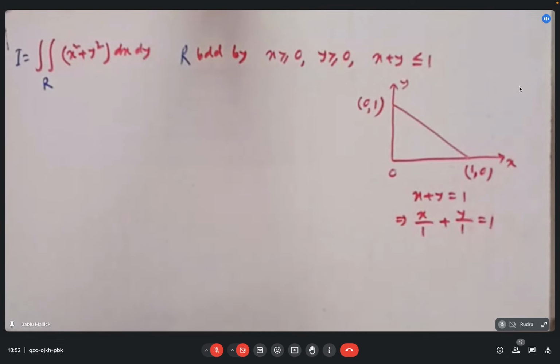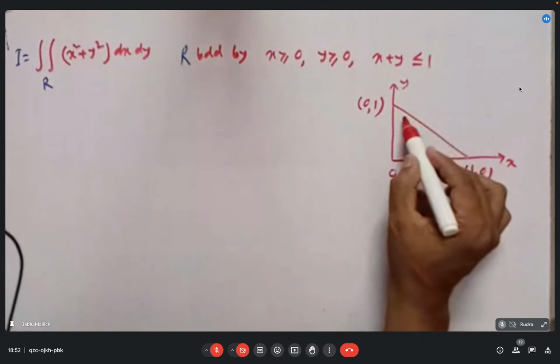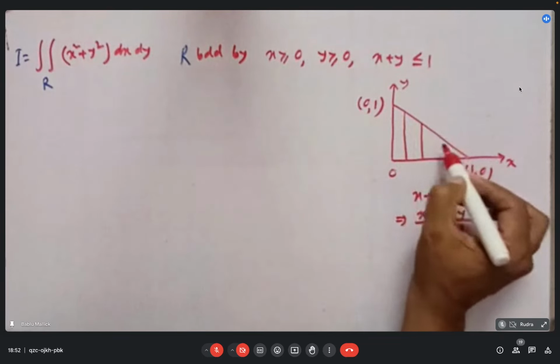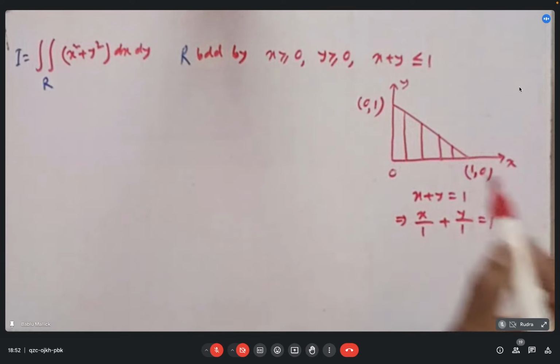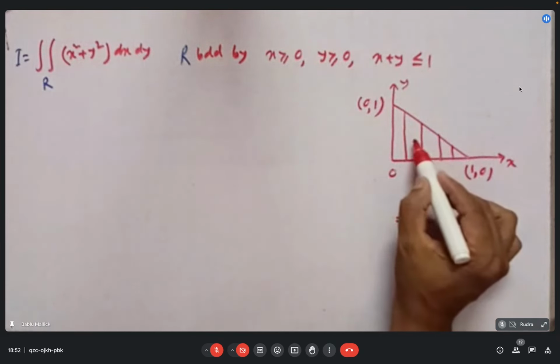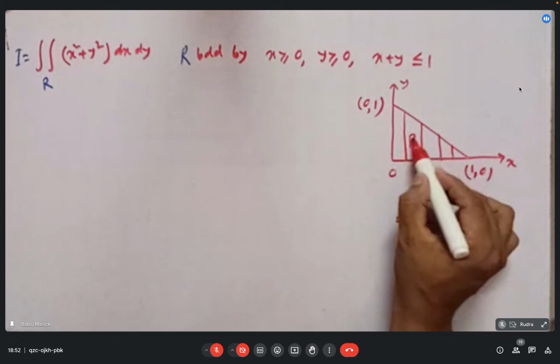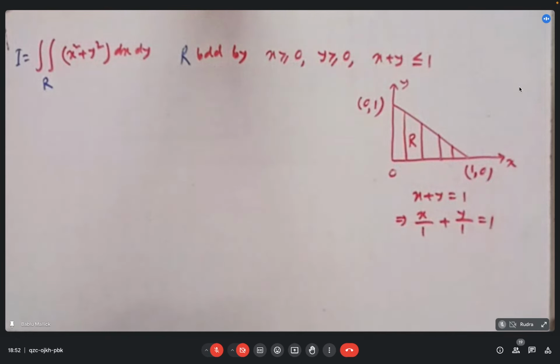Now, this is the region x plus y less than or equal to 1. This region is capital R, the area of this region.